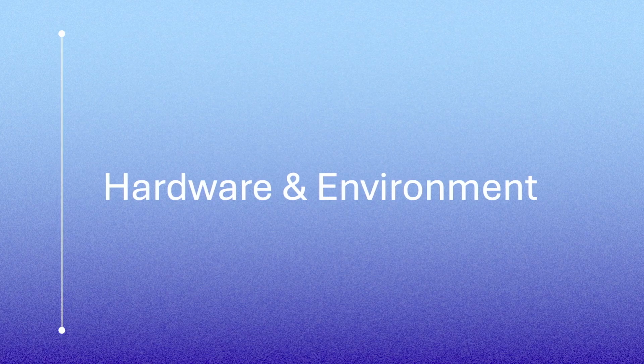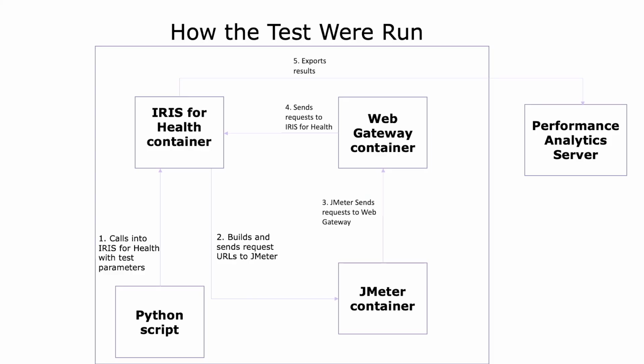Hardware and environment. Obviously, you've got to standardize on some hardware environment so you can do an apples-to-apples comparison. We're running these tests through a Python script, but what really drives the test are JMeter containers driving FHIR requests one at a time through a web gateway container, and that goes to IRIS for Health, and ultimately the data is exported to a performance analytics server that we developed.